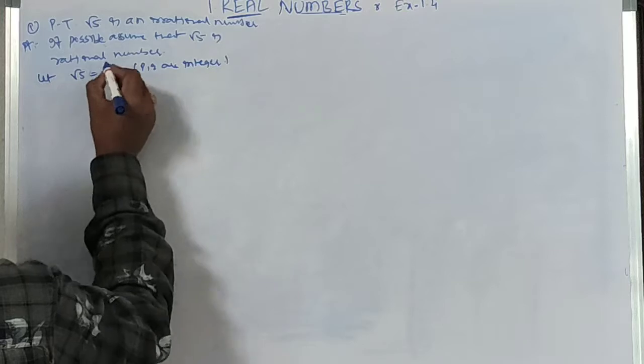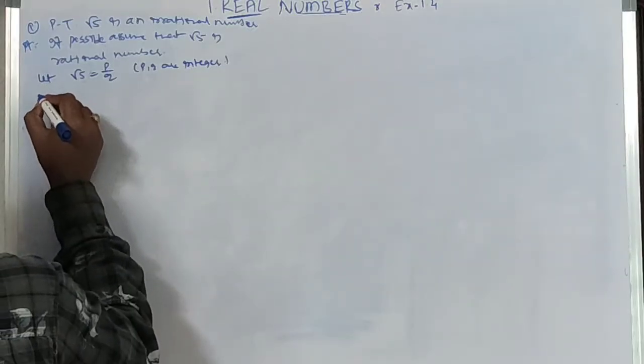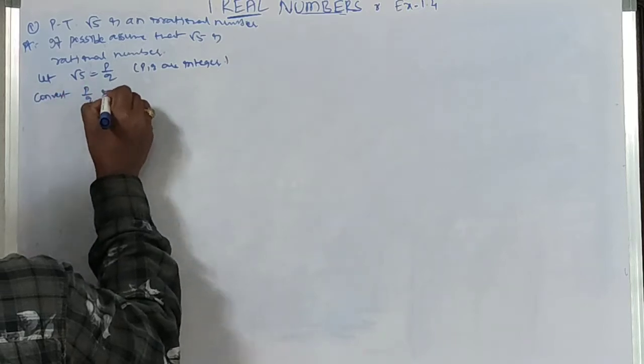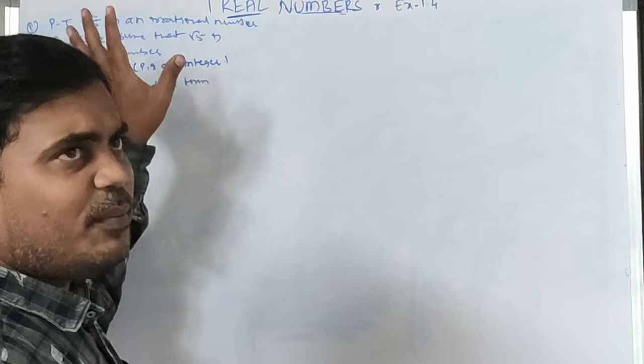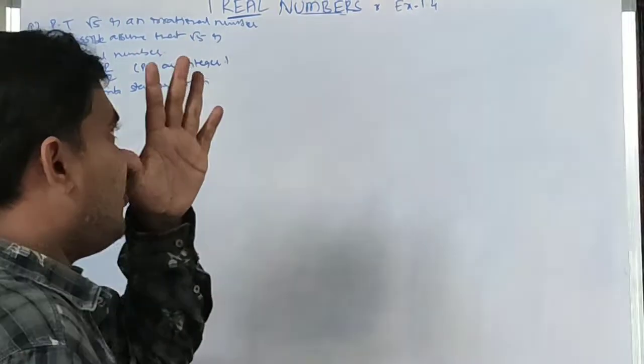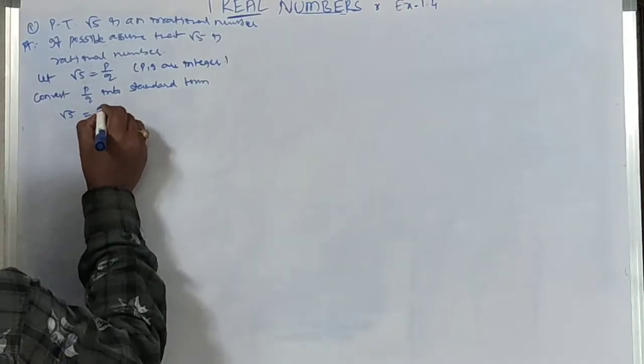This p by q I want to convert into standard form. What is standard form? Everything common gets cancelled.